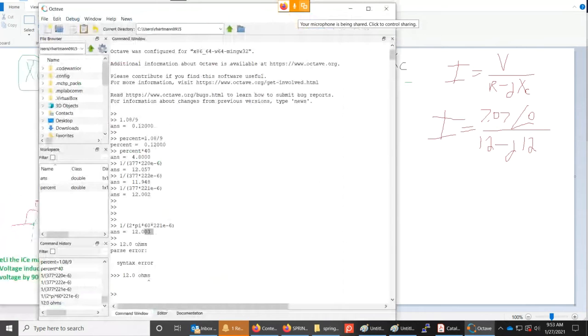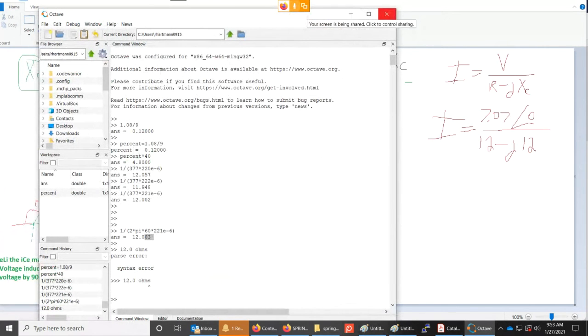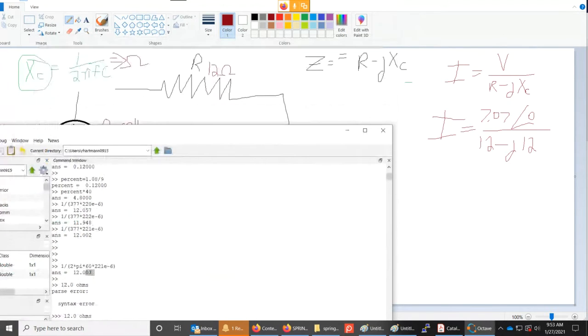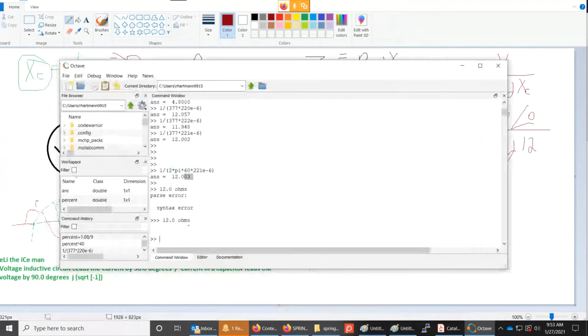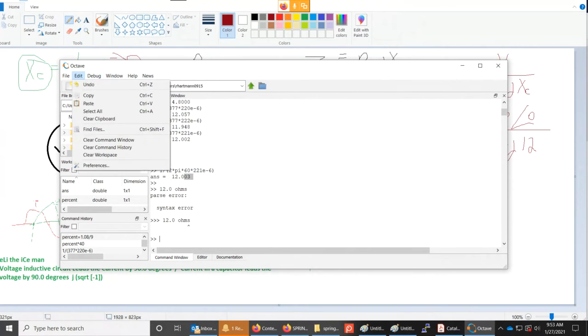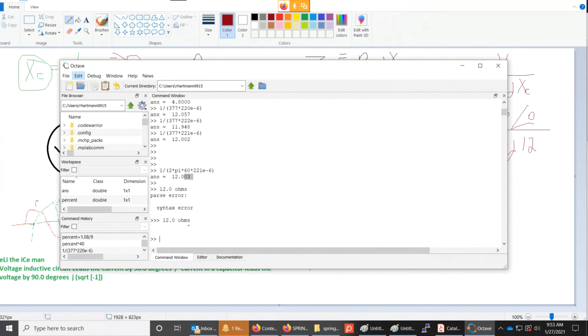Now the current, if I use the Octave program or you're using the TI-84, I'll resize this a little bit. I'm going to try to increase my font here for you a little bit.